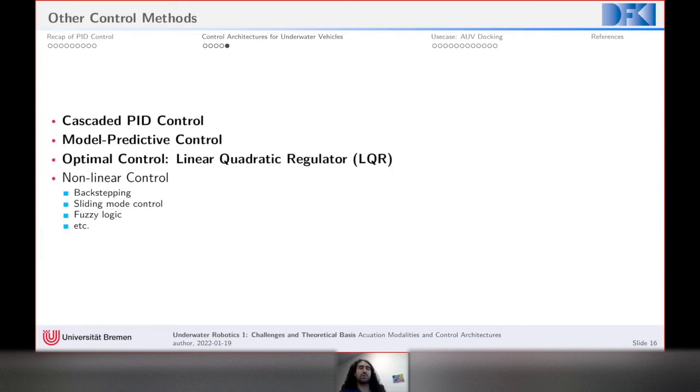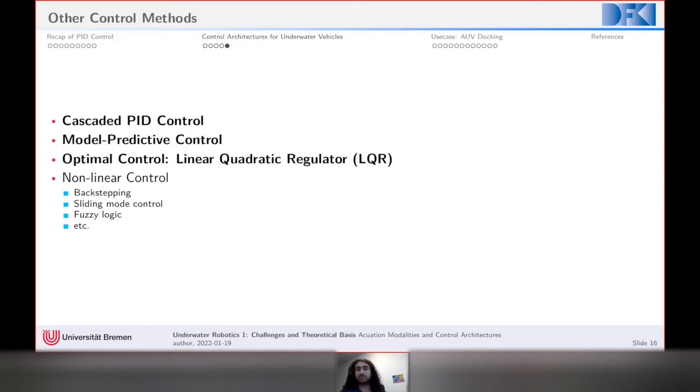All right, these are just basic control architectures that I'm going to talk about for now. Later on, I think Kristen will also mention a little bit what a cascaded PID control is. That's also a very simple concept, just PID controllers put on top of each other. Also later on, in one of the research lectures, Kristen will talk about model predictive control and the work he's doing on that.